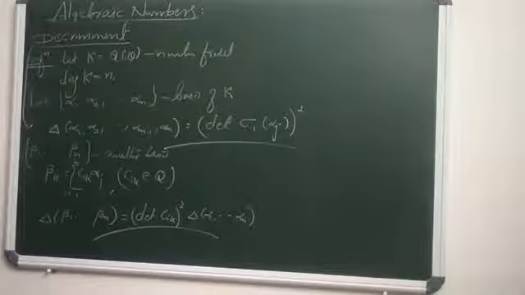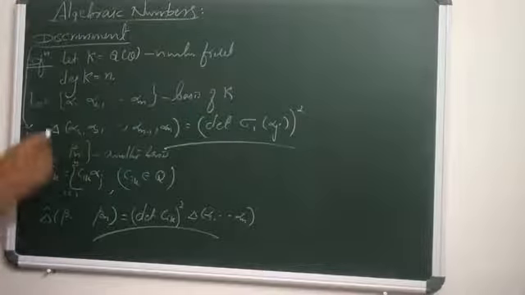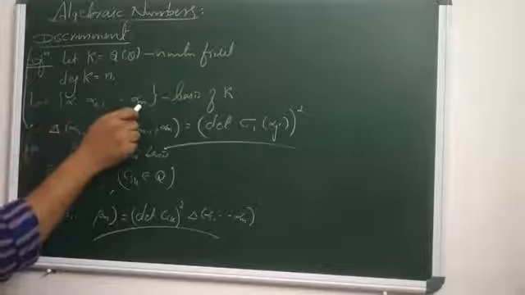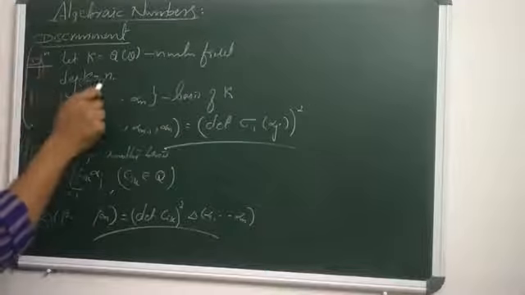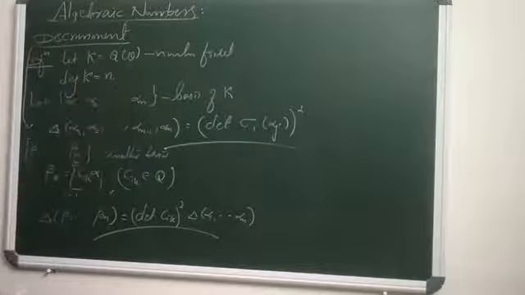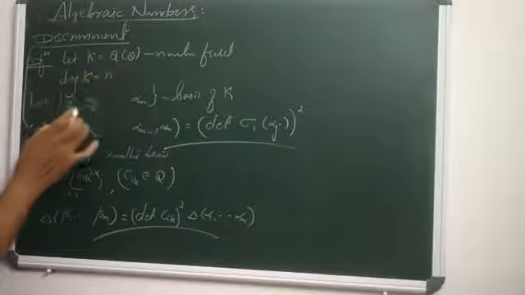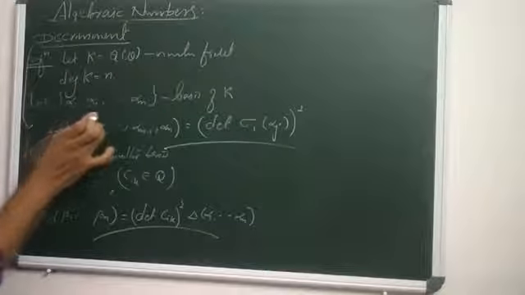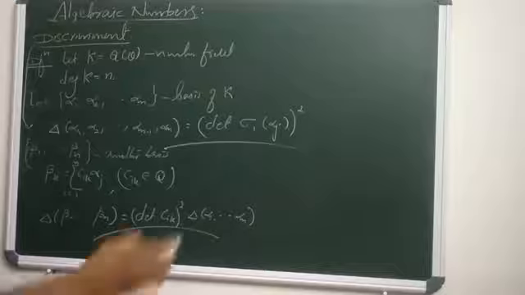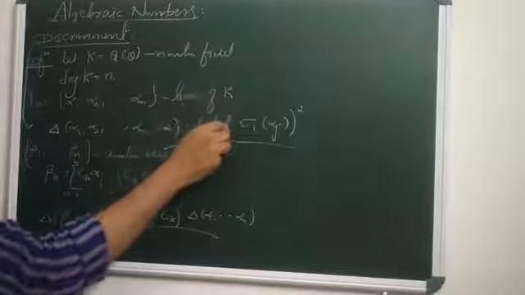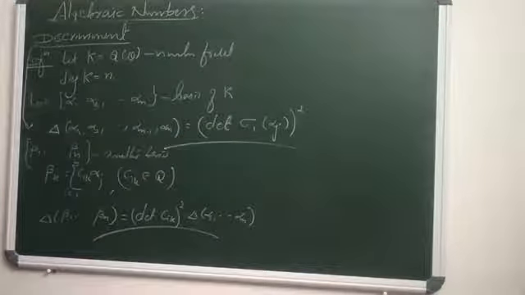So these are the two important definitions. K is a number field, and we consider it as a vector space over Q. Then it has a basis alpha 1, etc., alpha n, because the degree of K is n. The discriminant of this basis is denoted capital delta of alpha 1, etc., alpha n, and is defined as the determinant of sigma i alpha j, whole square.